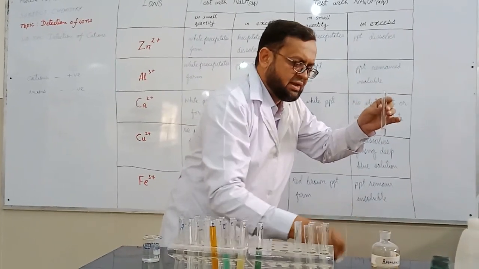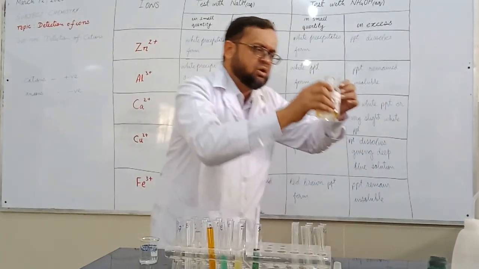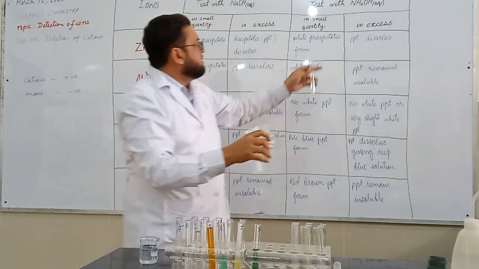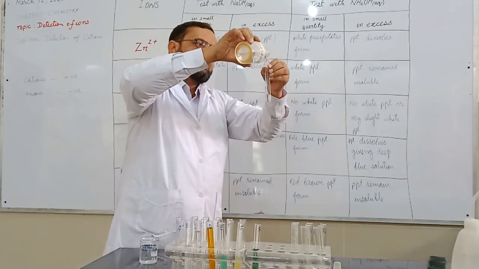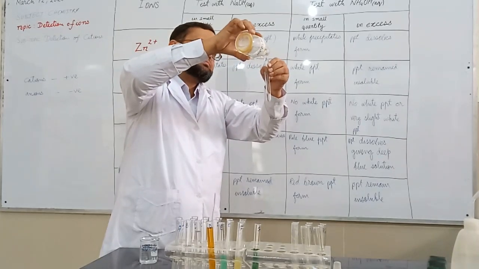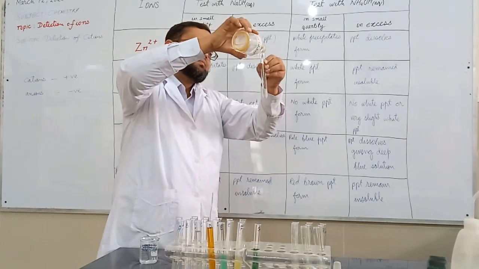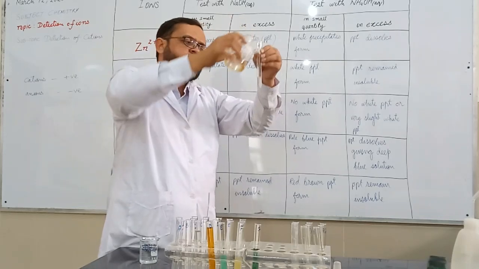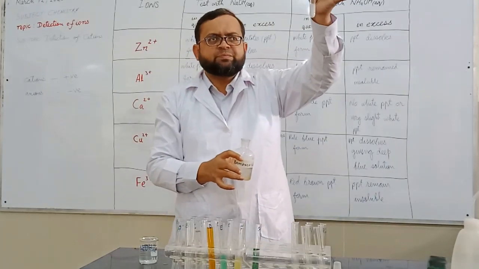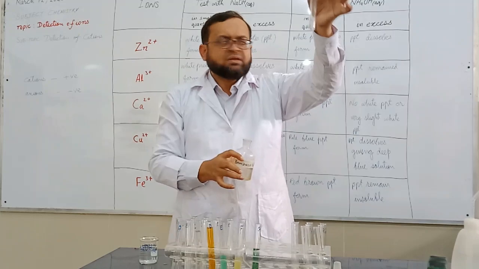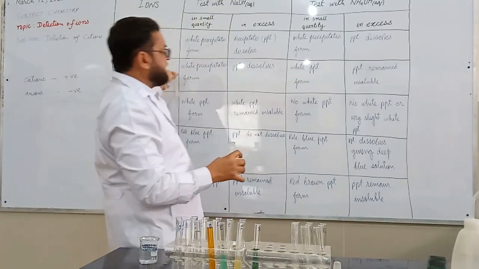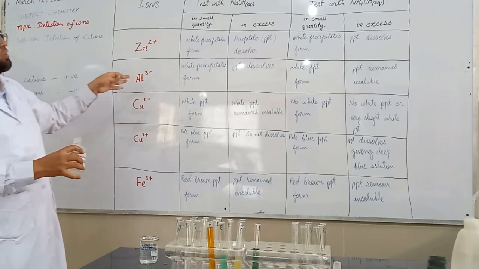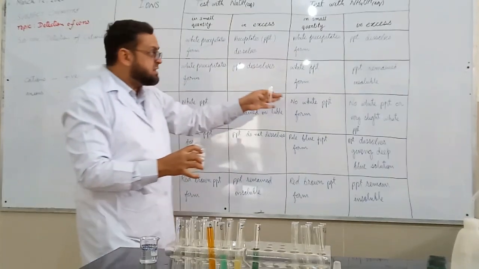Now we are adding a small quantity of ammonia as prescribed in this scheme, and see the result. If you observe, it gives white precipitates. Now, a white precipitate forms with both zinc and aluminum, so we are still confused.